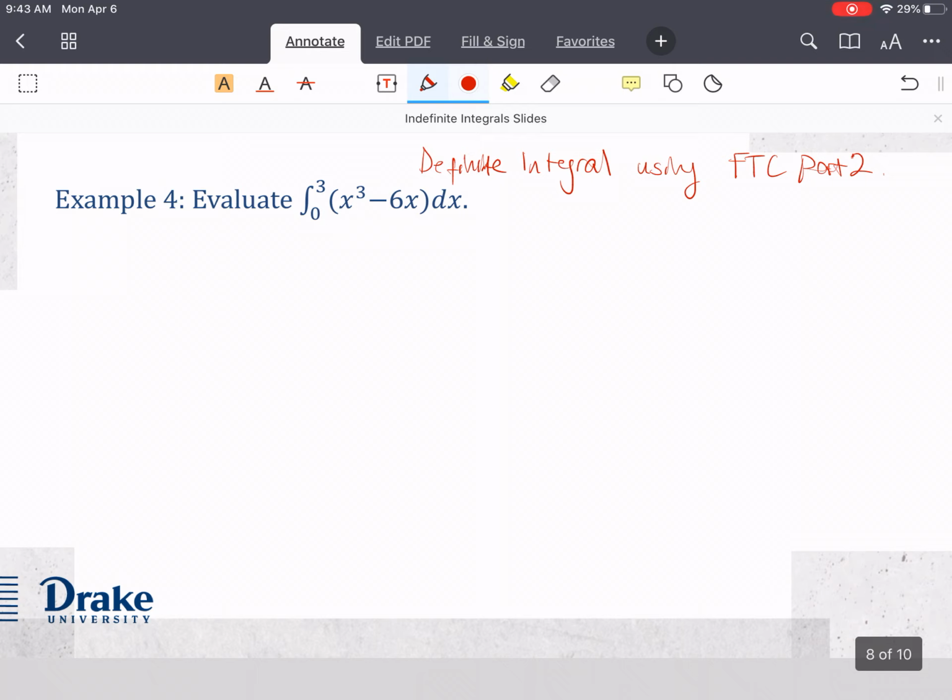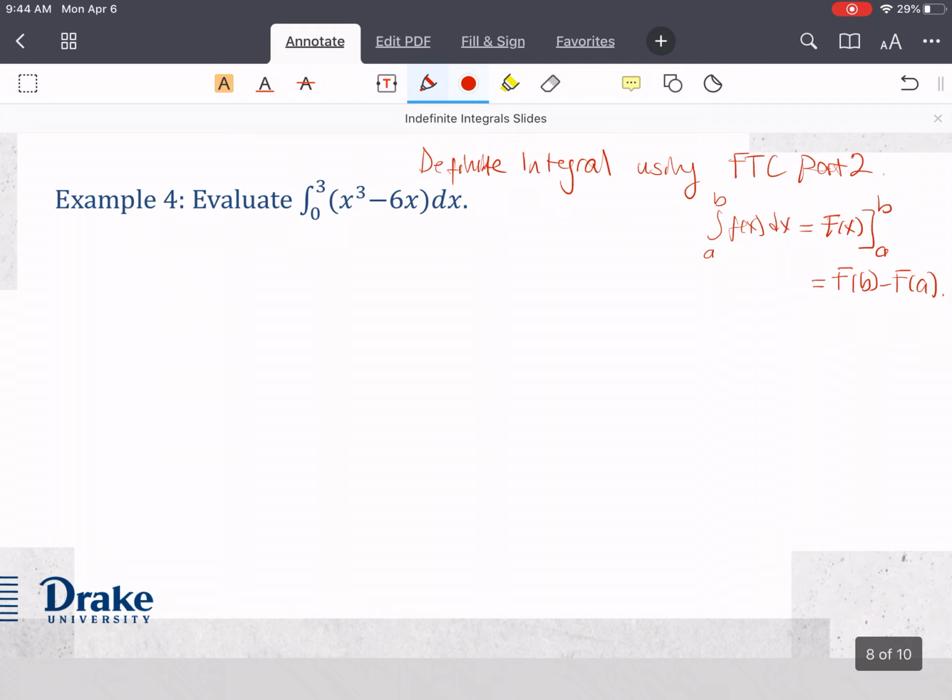The theorem states that if you have the integral from a to b of f of x dx, you evaluate it using the antiderivative, capital F, evaluated at b and a, which is the same thing as F of b minus F of a. And that's what we're going to use here.